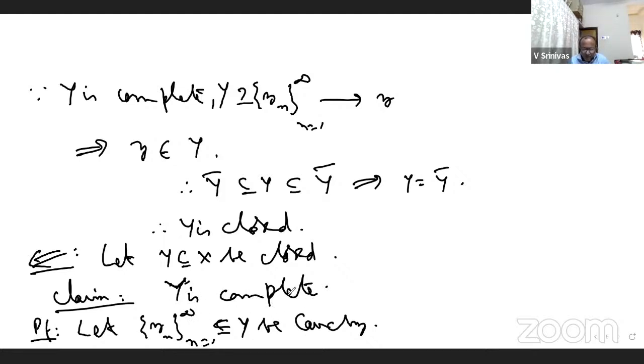To show a space is complete, you start with a Cauchy sequence Yn in it. Now this is Cauchy, and Y is contained in X. Therefore, this becomes a sequence in capital X, since Yn, where n equals 1 to infinity, is a sequence in Y, and Y in turn is contained in X, and is Cauchy.